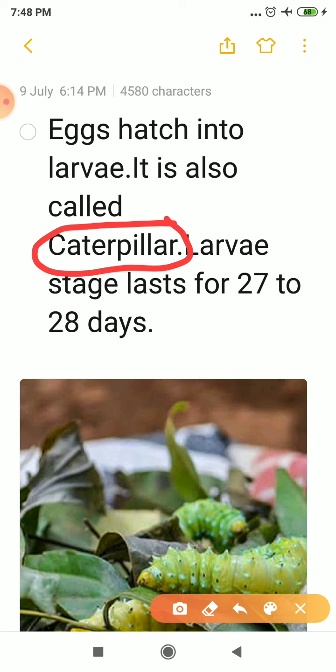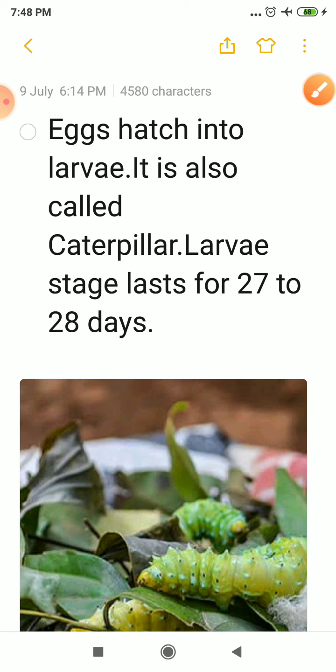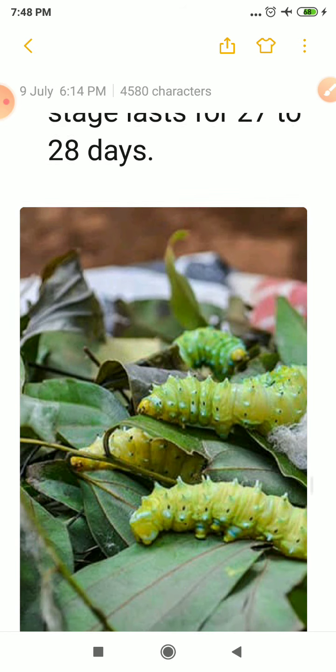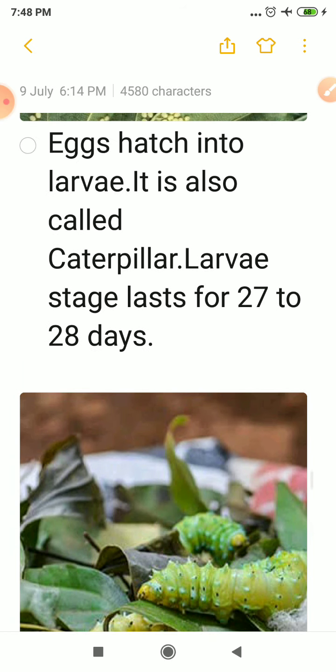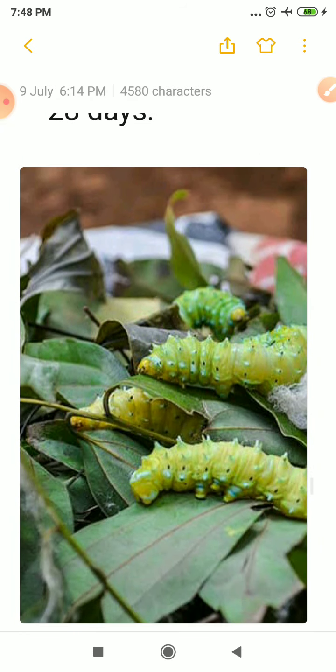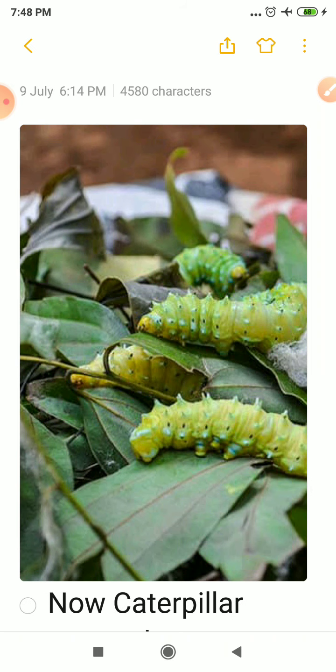Naturally they grow on their own, but for the production of silk, when we talk about sericulture, when the eggs are hatched into larva, this larva is provided mulberry leaves for eating, because they only eat mulberry leaves.